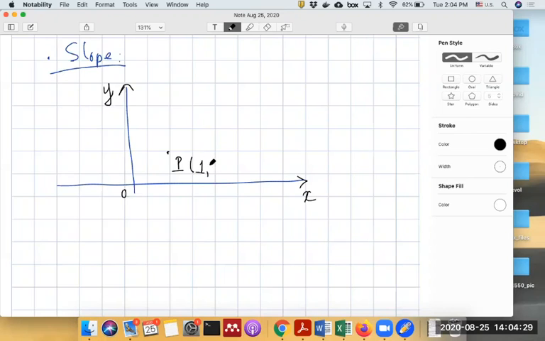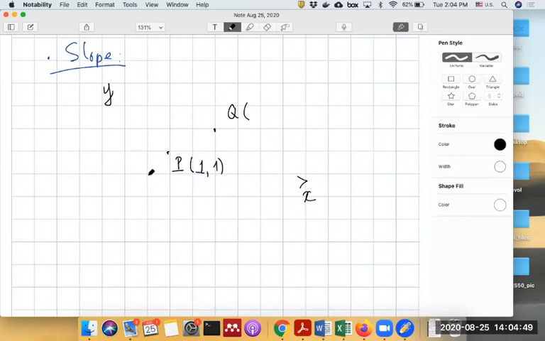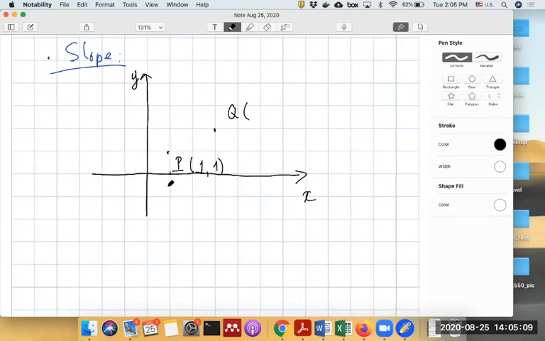Suppose this is (1, 1), and the point Q will be right here, at (3, 2).